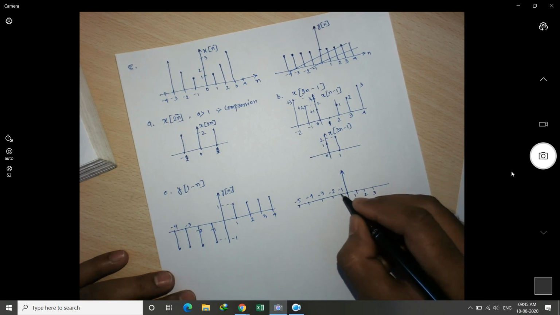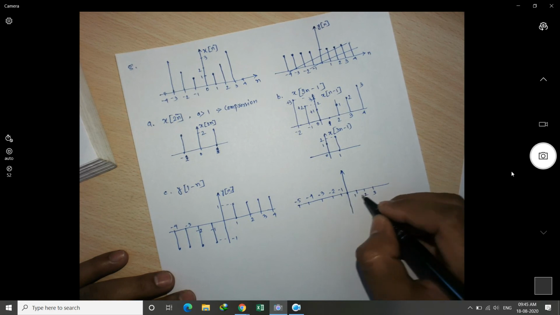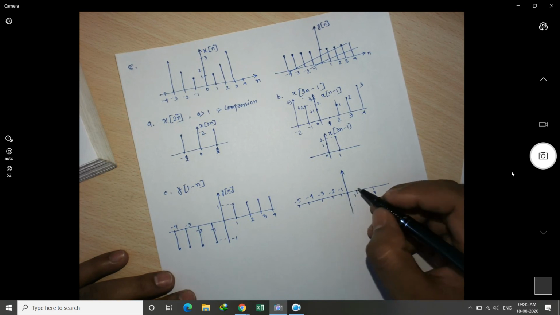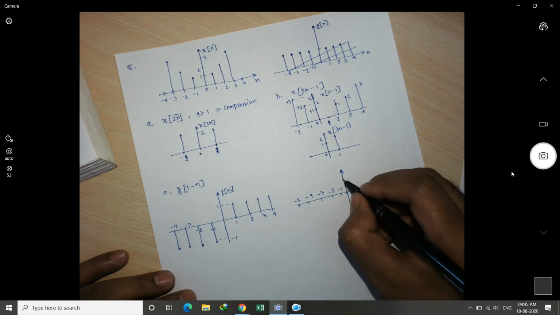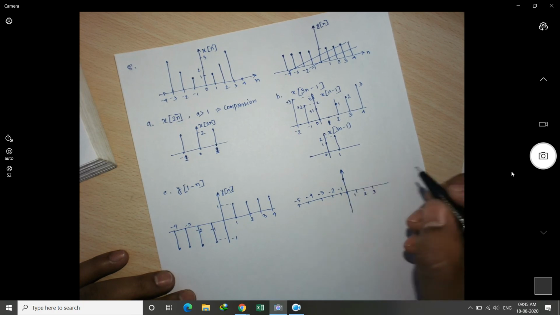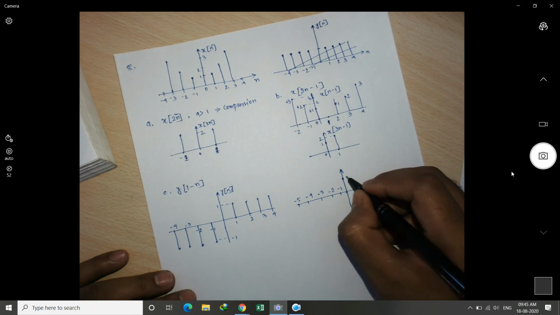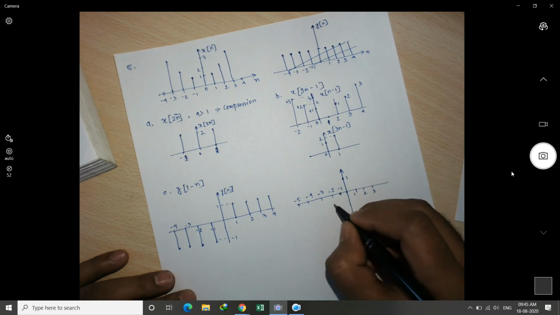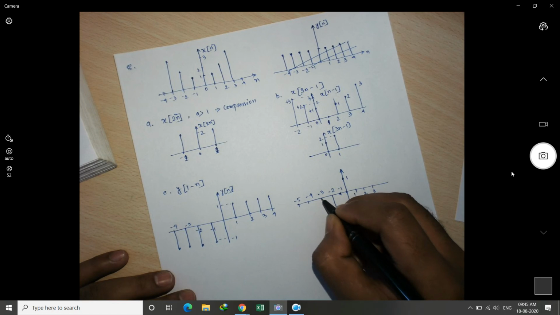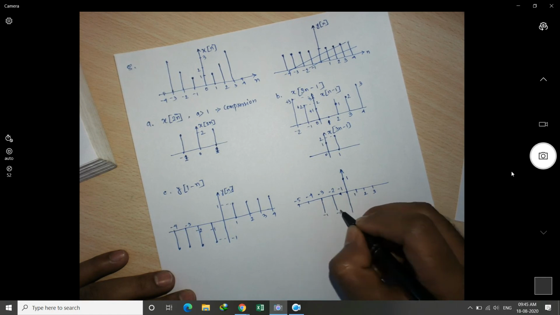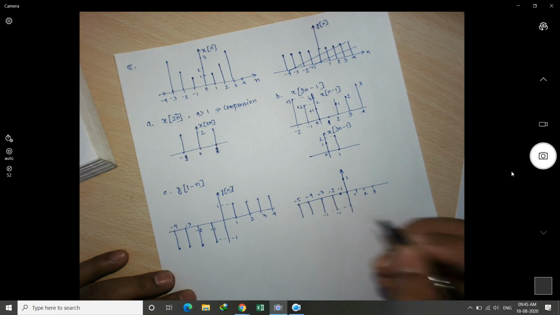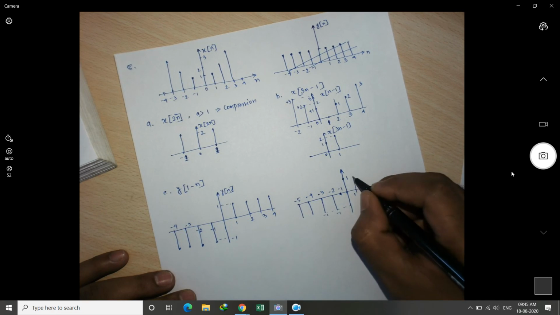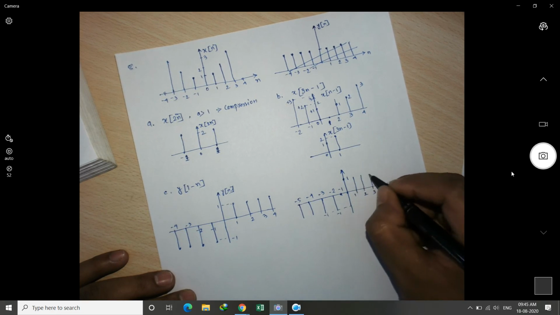So the 0 location will come to an amplitude of 1, right? So this one will be 1, this one will be 0, it is -1, -1, so all of them are -1, like this. So this one will be 1, 1 and 1.